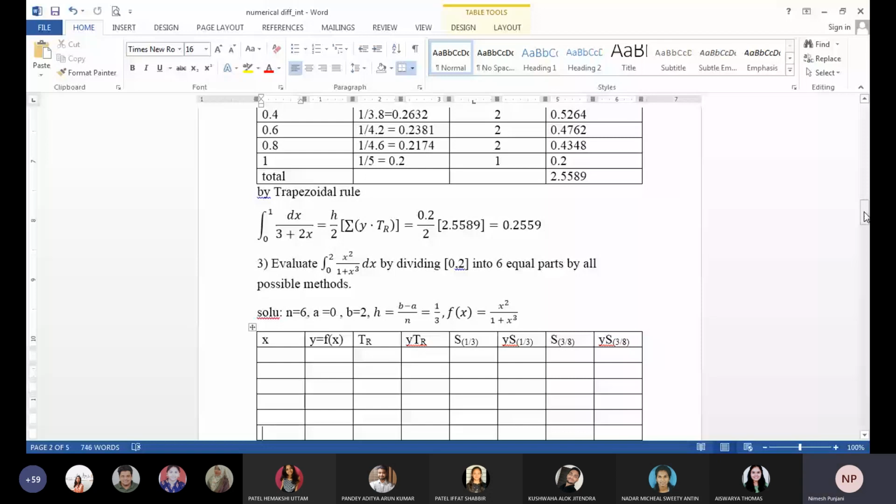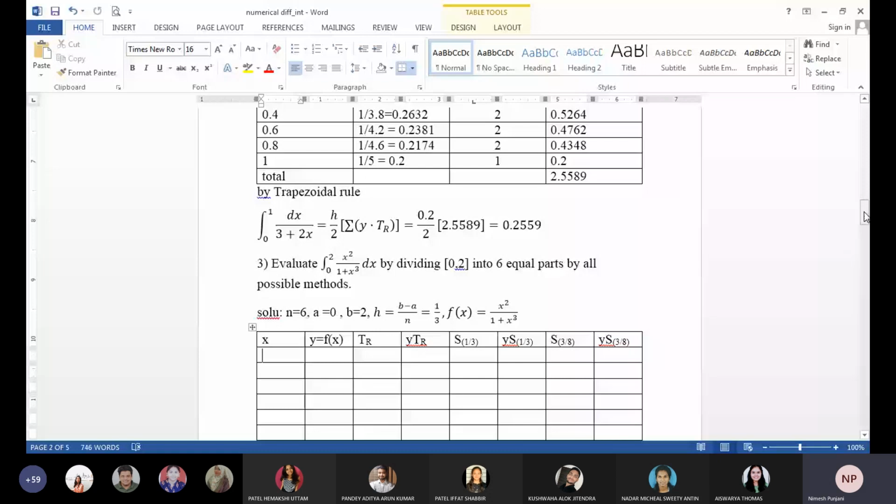Trapezoidal is applicable for all values of n. Simpson's 1 by 3 is applicable when n is even. Simpson's 3 by 8 is applicable when n is a multiple of 3. So in this case, my n is 6. 6 is even, and 6 is also a multiple of 3.